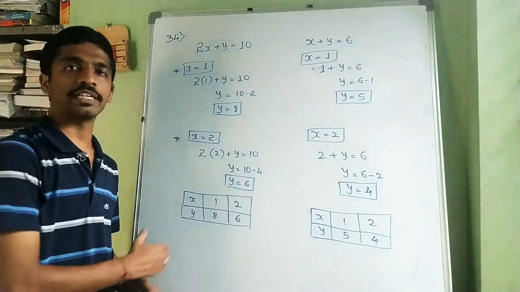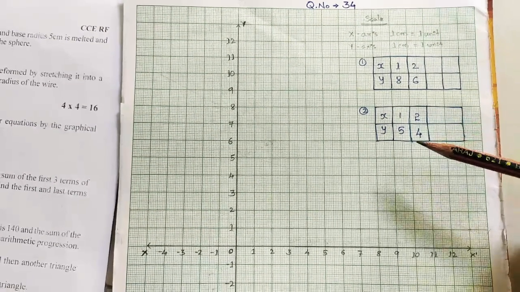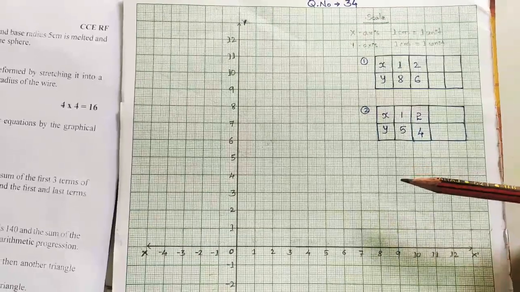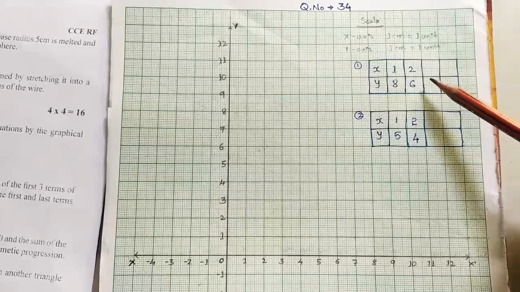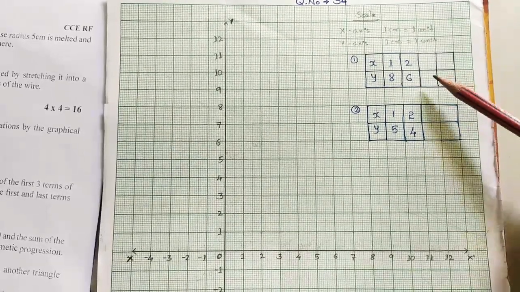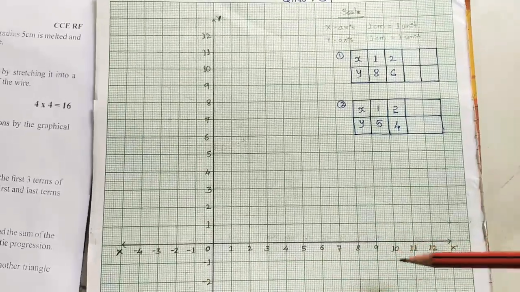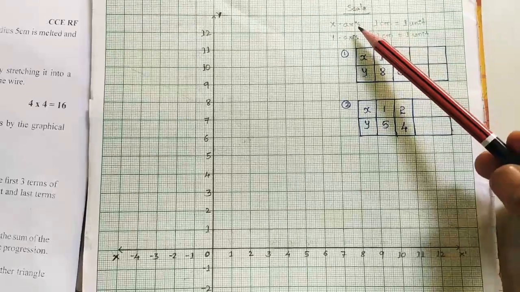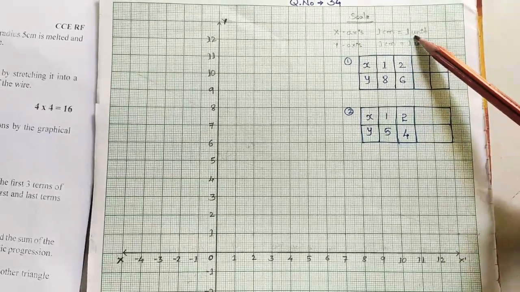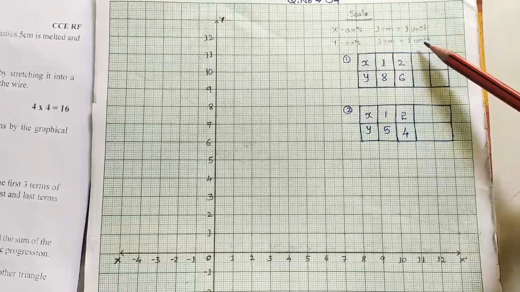So after getting the solution table, now plot the graphs. Now I will show you how to plot the graph. So I written here both solution tables separately, and x-axis, y-axis I plotted the data. Okay, so for the x-axis 1 centimeter equal to 1 unit I took, and y-axis also I took 1 centimeter equal to 1 unit.